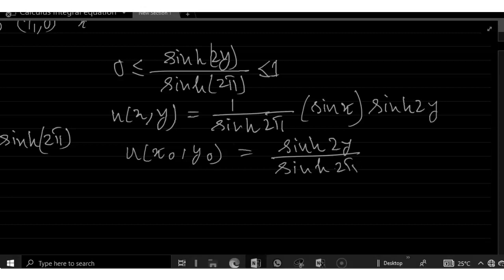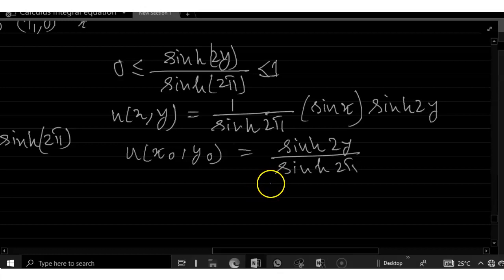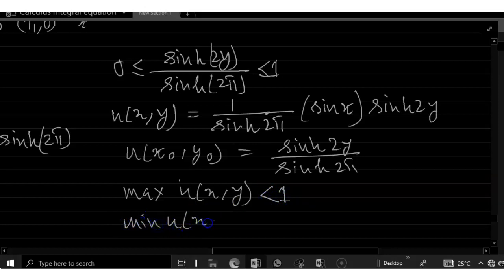This value, now max of u(x, y) is greater than 1 and min of u(x, y) equals to minus 1.